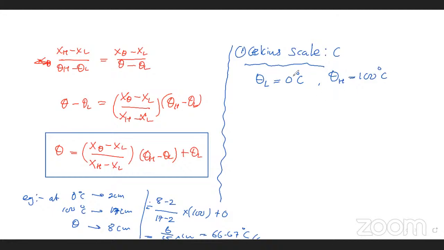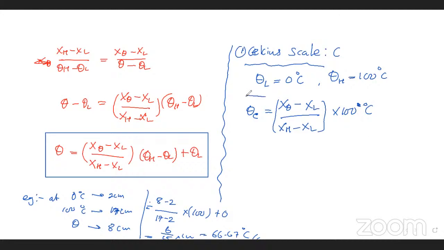So the 1 Celsius means one part there, right? By substituting those values here, you can calculate the temperature theta in Celsius. That equals X theta minus XL divided by XH minus XL, because the thermometric properties do not change with the scale, so this ratio is constant because it is the same graph, times the difference between the two fixed points, which is 100.